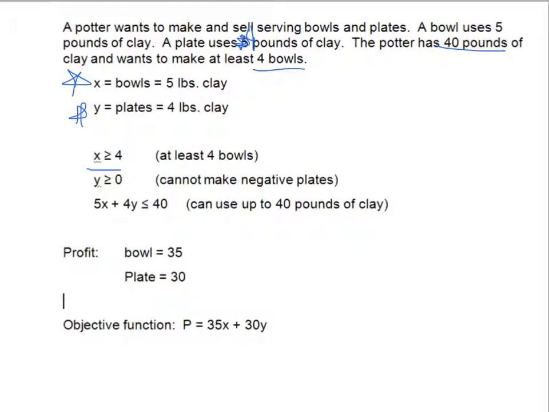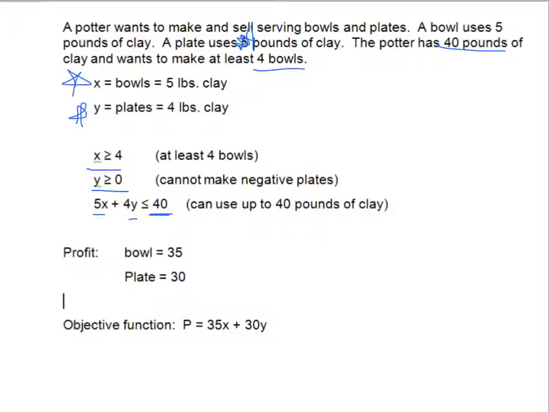X is greater than or equal to 4 because he wants to make at least 4 bowls. Y has to be greater than or equal to 0 because he cannot have negative plates. And then he cannot use any more than 40 pounds. So 5 pounds of clay per bowl plus 4 pounds of clay per plate has to be less than or equal to 40.